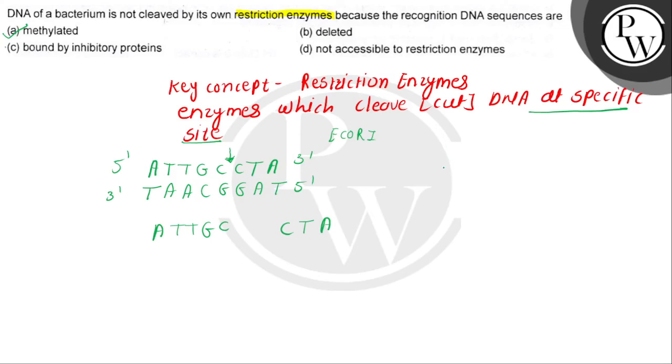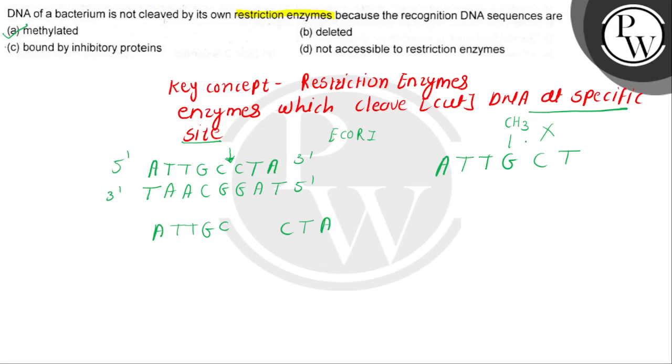At that site, suppose this is one sequence of DNA. We can take the simple example A, T, T, G, C, T. At this site, suppose this sequence is methylated. Then if the sequence is methylated, the restriction enzyme never acts on that sequence. It never acts on this methylated sequence.